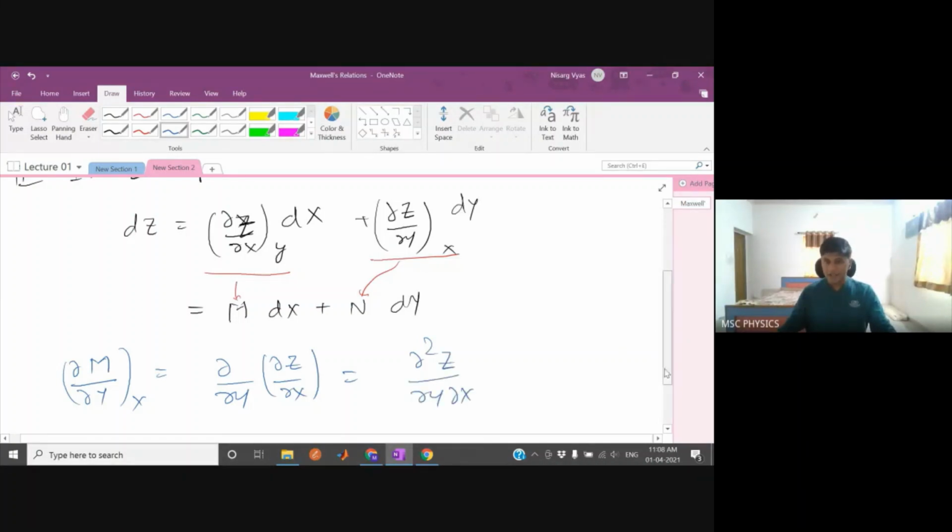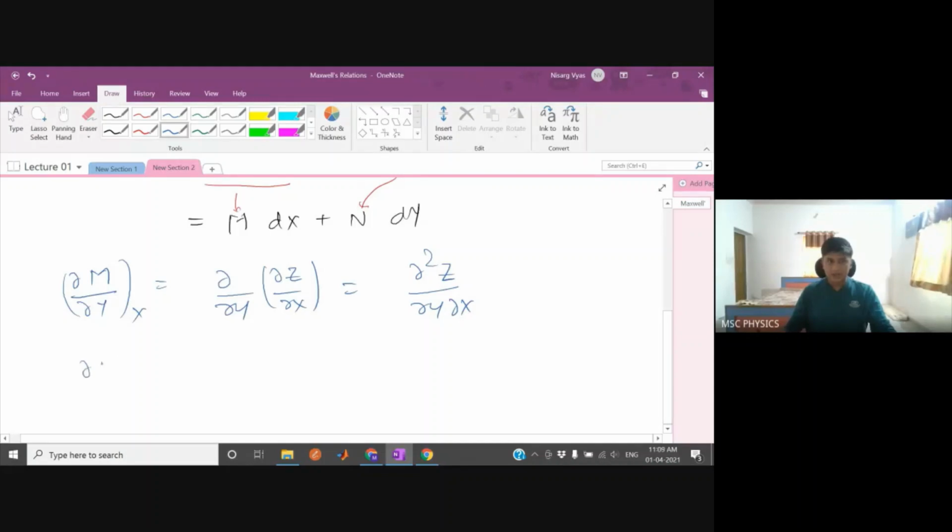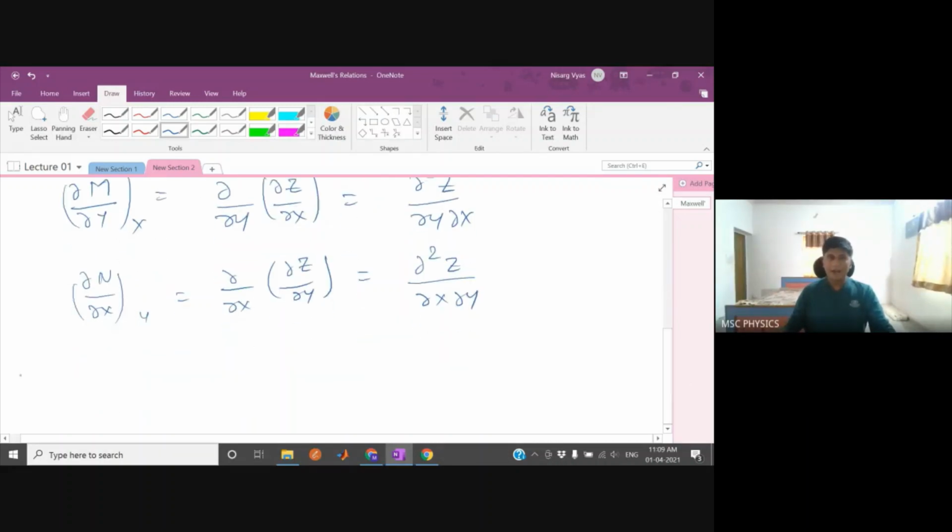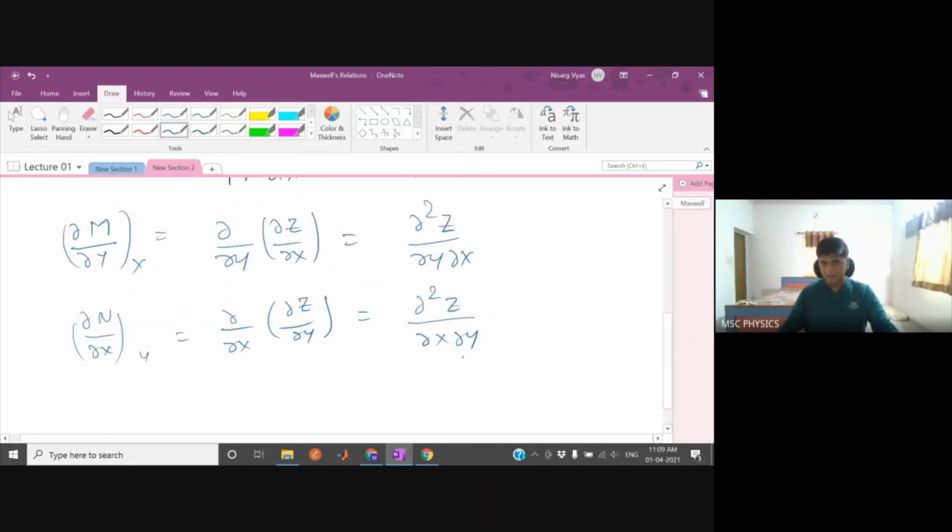Similarly, if you take the derivative of N with respect to x at constant y, where N is del z by del y, it becomes del square z by del x del y. And if M and N are exact differentials, these two are the same: del square z by del y del x and del square z by del x del y are the same if M and N are exact differentials.